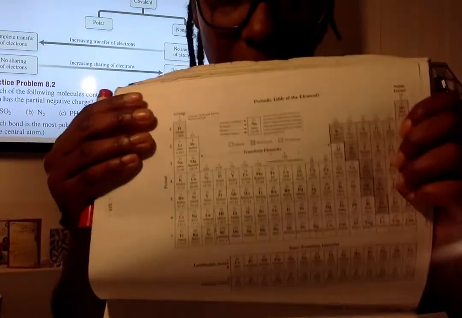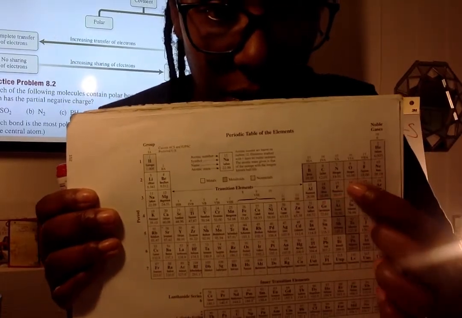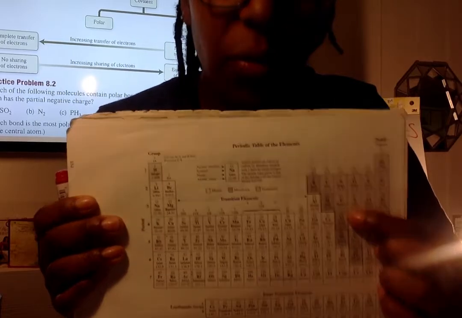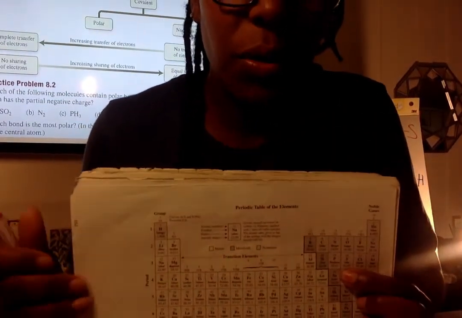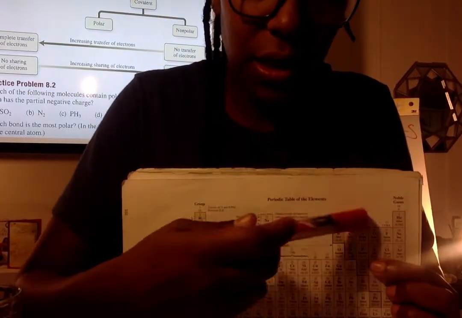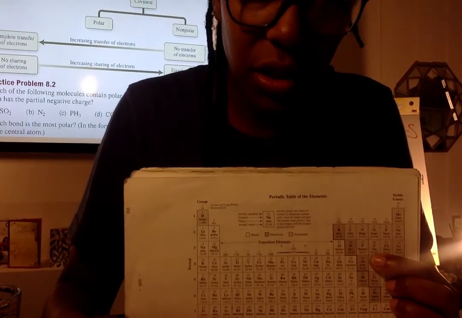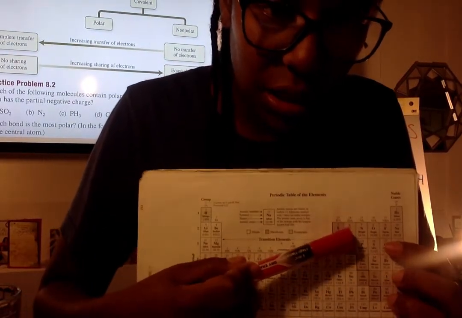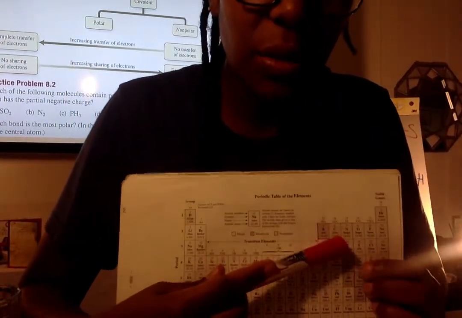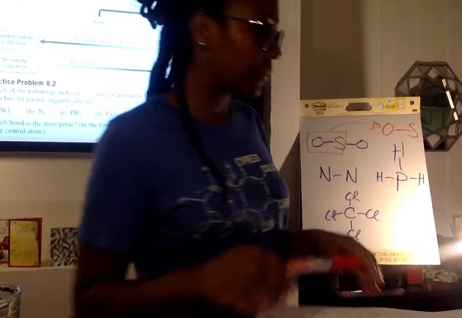So let's look at our periodic table and see where oxygen is. We found oxygen, now where is sulfur? Oh, it's under here. Remember how I told you when you're writing your E, it decreases, decreases, decreases. If it's decreasing in this direction, and the oxygen is above the sulfur, the oxygen is going to have a stronger electronegativity than the sulfur.